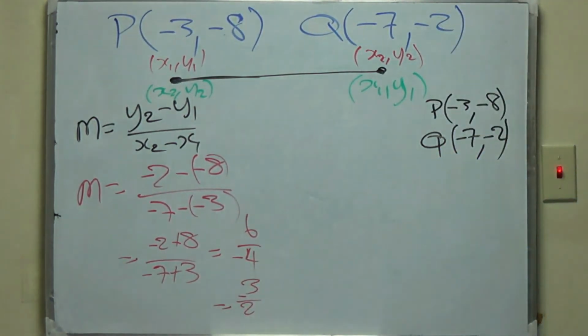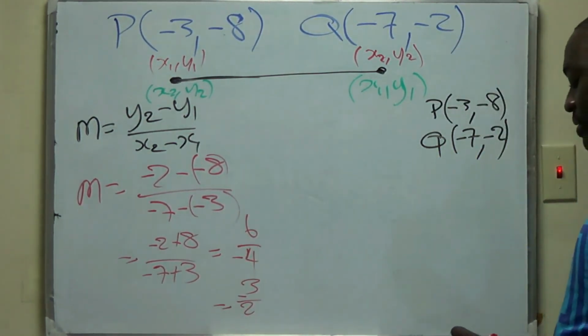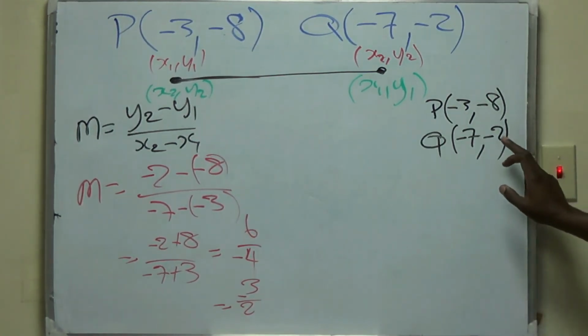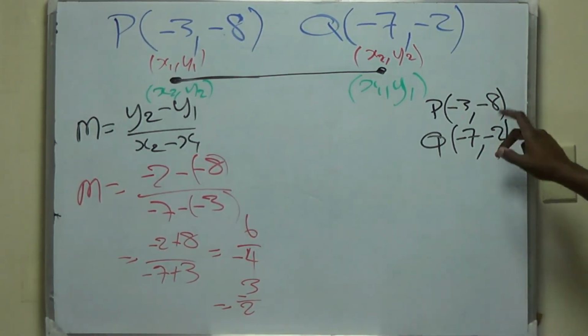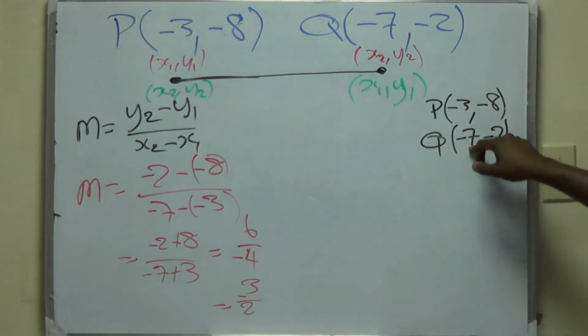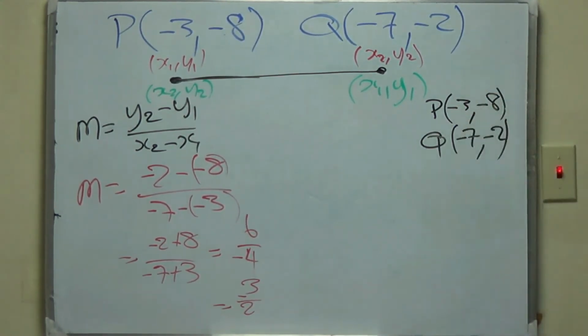So in red, we get the gradient as −3 over 2, which in this case corresponds to (−2 − (−8)) divided by (−7 − (−3)).